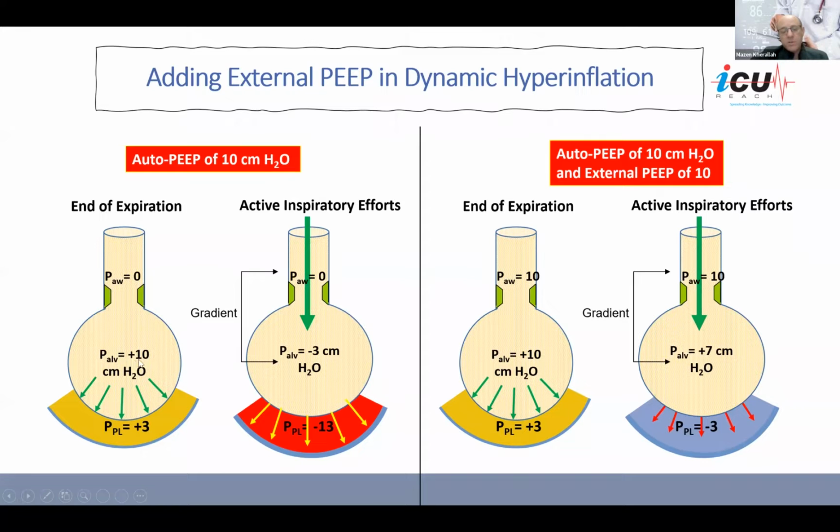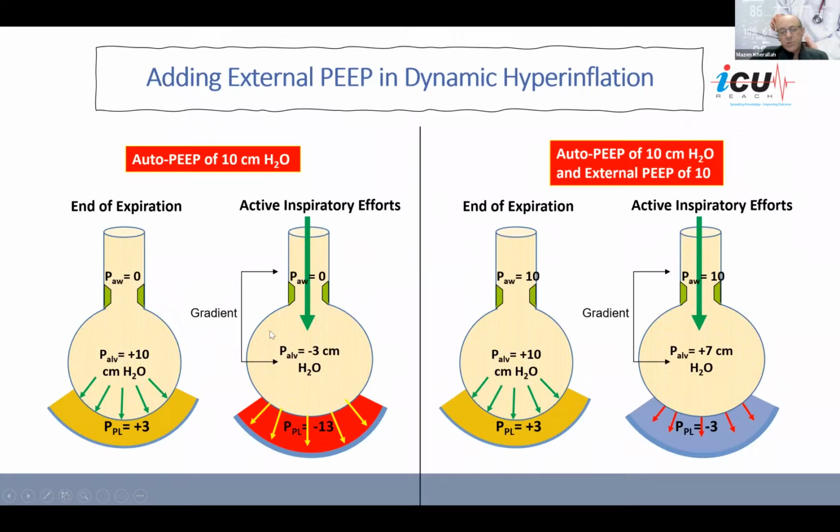So we have alveolar pressure of 10 centimeters. Let's just add another 10 centimeters here. So what we're doing here, we're equalizing the pressure between the airways and the alveoli. Okay. Now it is very clear. In order to have a gradient, now all we need is to drop the pressure from 10 to 7.